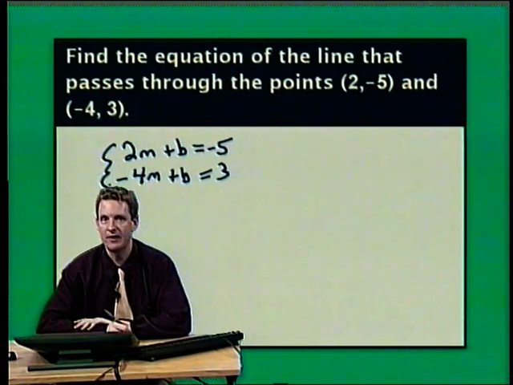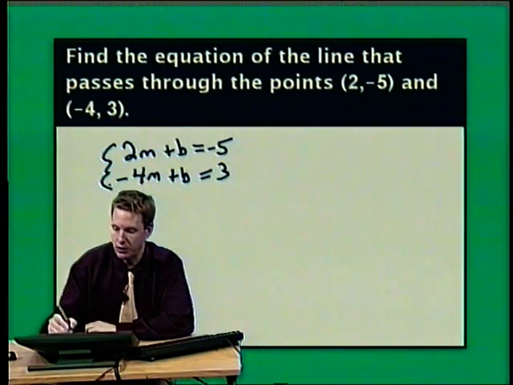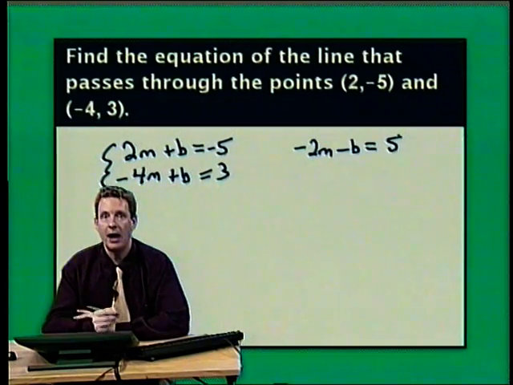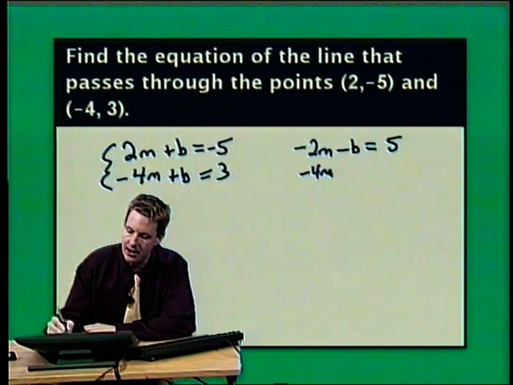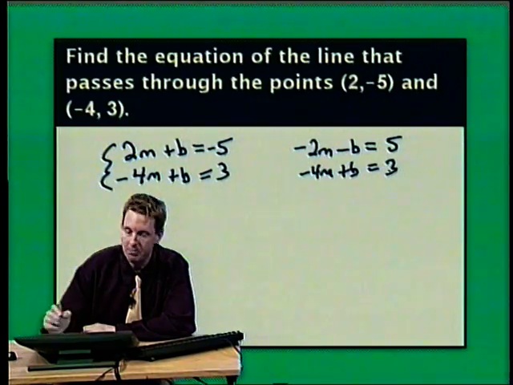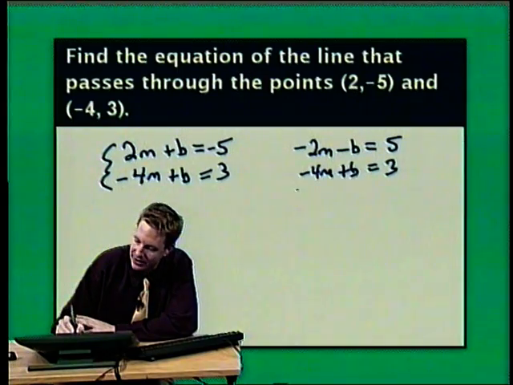I think I'm going to solve this system using the elimination method. I'm going to multiply both sides of the first equation by -1, which will give me -2m minus b equals +5, and I'm doing that because I could see that then when I add the respective sides of the second equation, b will be eliminated. That's the whole point of the elimination method.